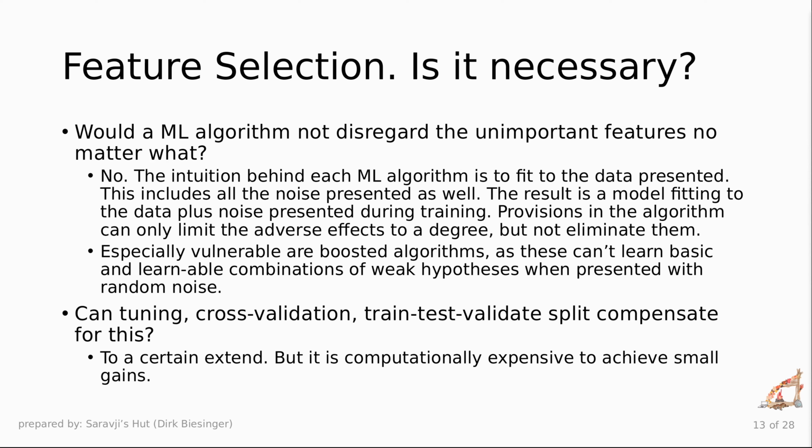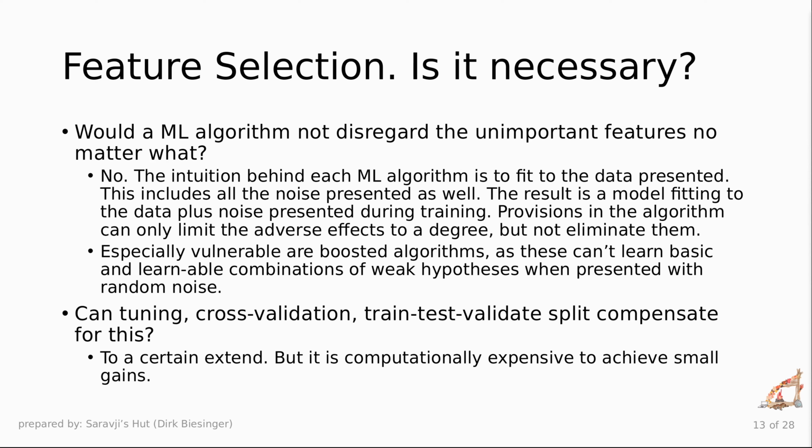And the ML algorithm now actually fits to the particular noise in this training set. Especially vulnerable are boosted algorithms because they are actually boosting the smaller or more unimportant areas of the data as they go along.